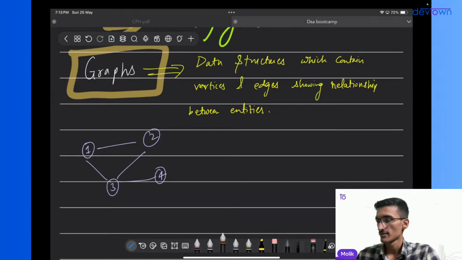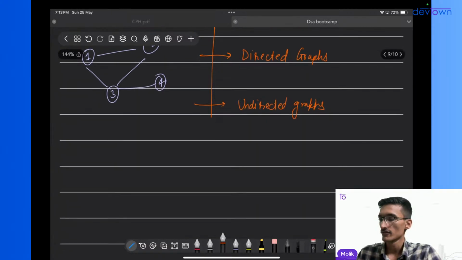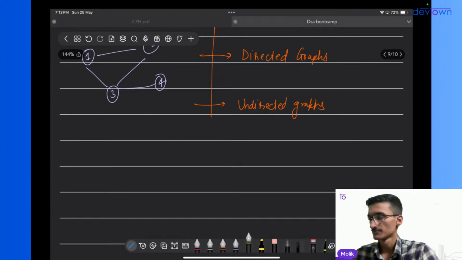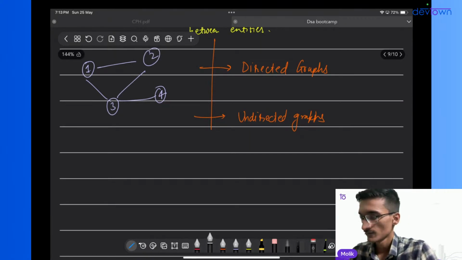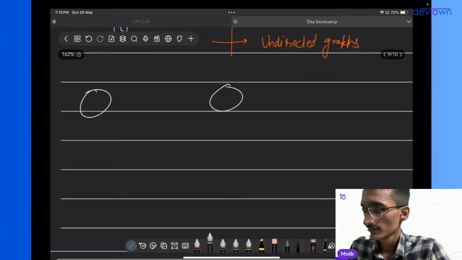Yes, and then there are majorly two types of graphs. First, directed graphs. Second, undirected graphs. And the difference is quite simple. The difference is in terms of edges, right?